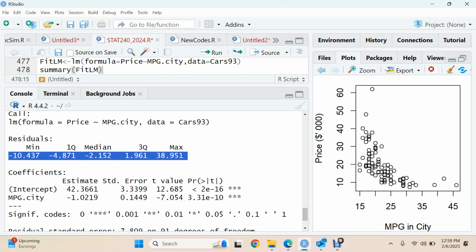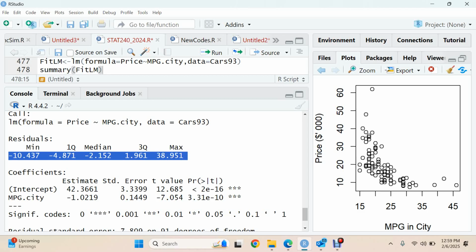It's the same thing. If the correlation is negative, the sign of the beta 1 will also be negative. This one will also be asked in your exam. Because as x increases, we are expecting y to decrease, so there should be that negative relation.